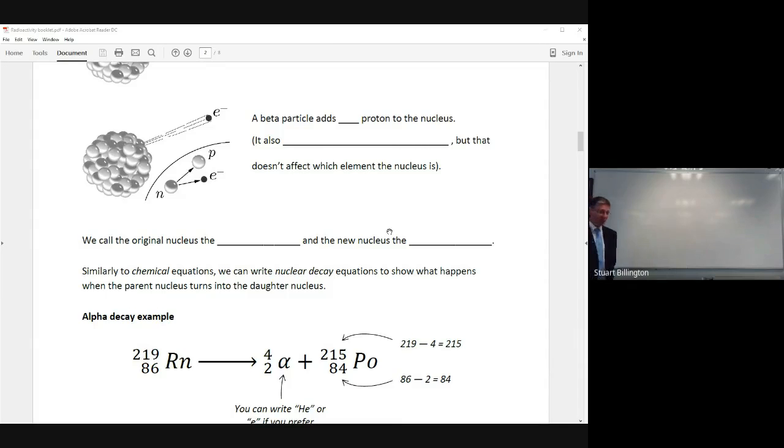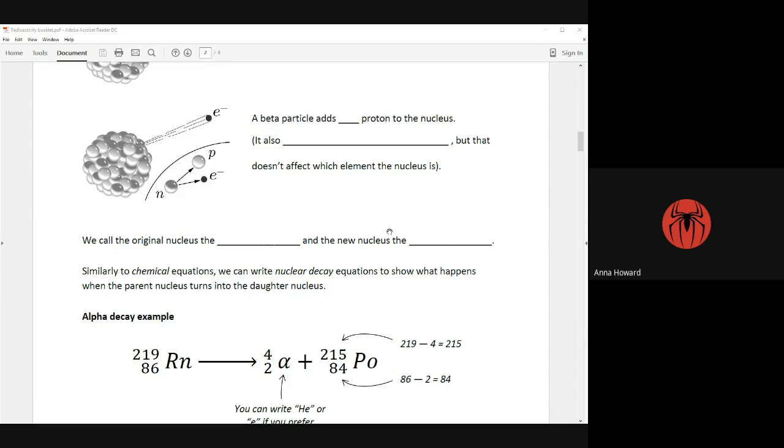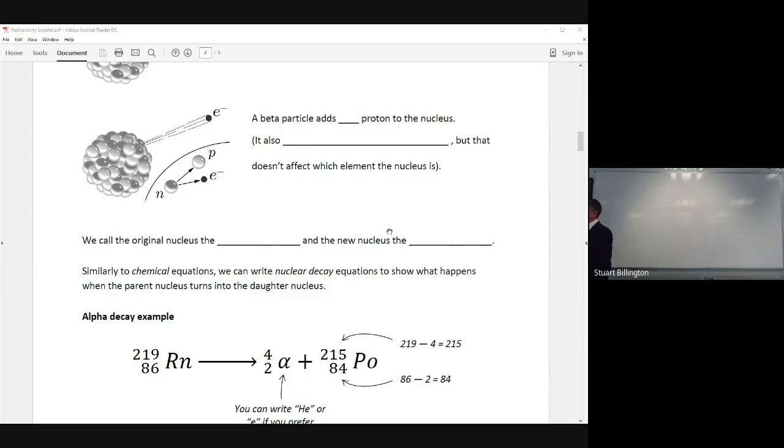It also does something else involving the neutrons. What does it do to the neutrons? Does it remove 1 neutron? Brilliant. So a beta particle adds 1 proton to the nucleus. It also removes 1 neutron, but that doesn't affect which element it is. So in the back of your book, just add that the beta particle adds a proton, removes a neutron.